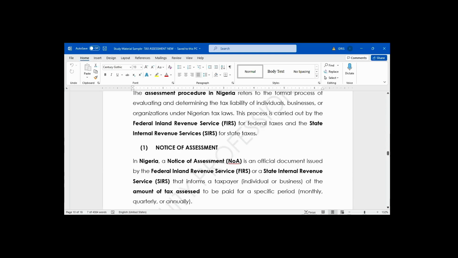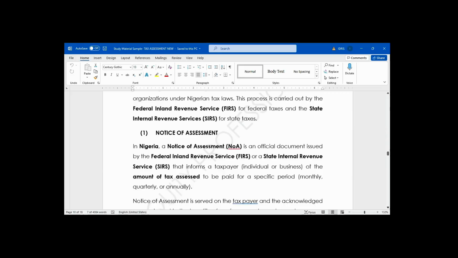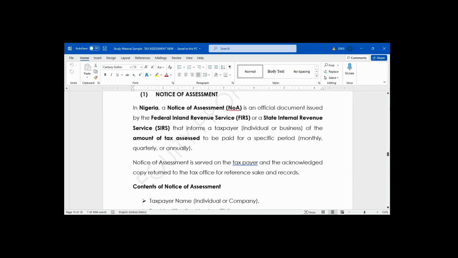After reviewing your record, they discover that you need to pay additional assessment. If they want to write a letter to you on that additional assessment, they will write you a letter called notice of assessment, telling you the additional tax you need to pay, including the penalties.